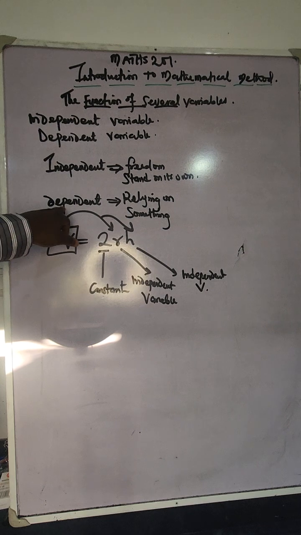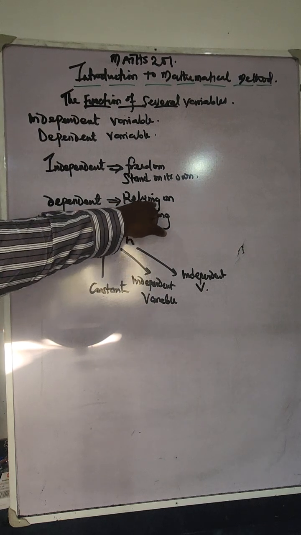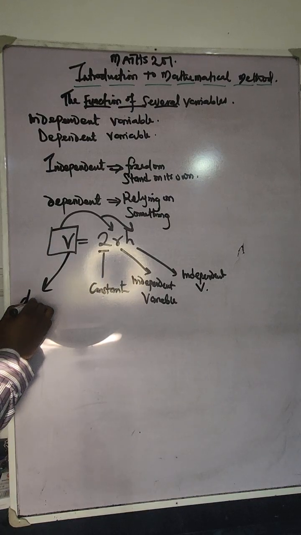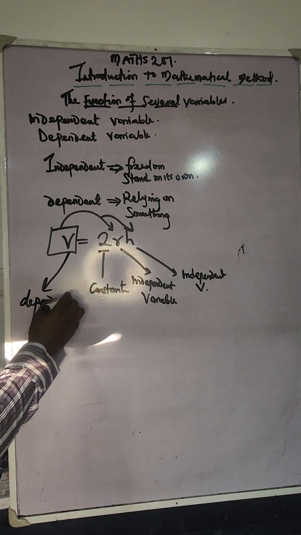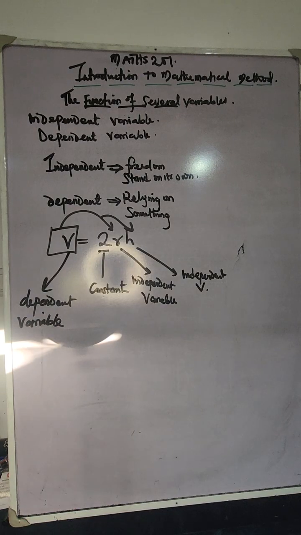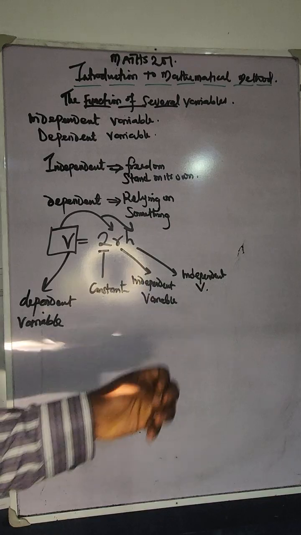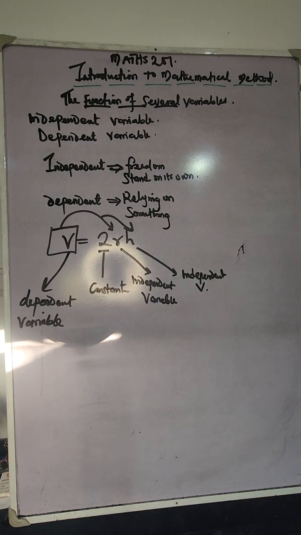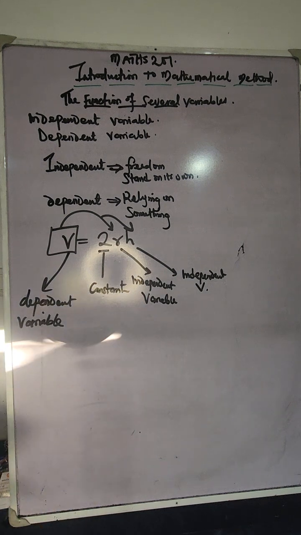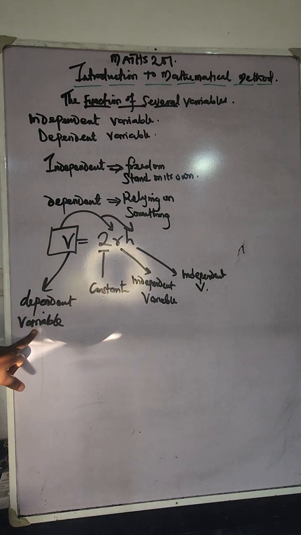The dependent variables are variables that need to rely on something. So V here is a dependent variable, which means it needs to rely on the value of R, and it needs to rely on the value of H to function. That is why we call it a dependent variable.